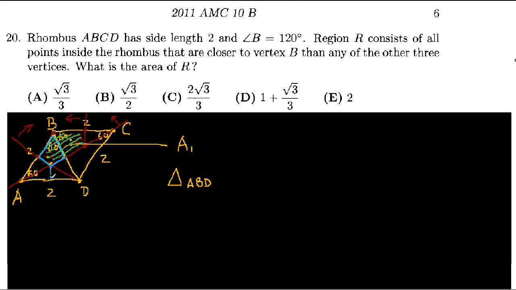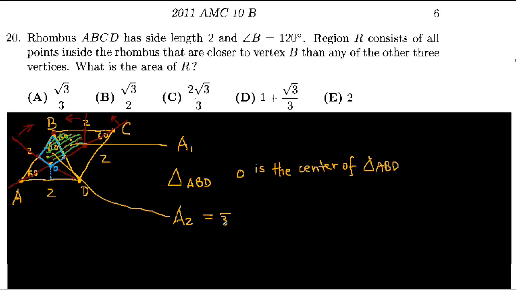Actually, if you draw here, it is 1/3. This is O, the center of triangle ABD, right? So the shape we have from B to here, this blue area, let's say this is A2. That area is actually 1/3 of the area of triangle ABD. You can have this area, or that area, the three.